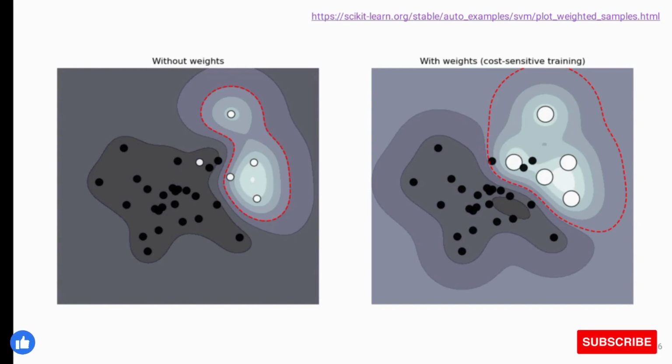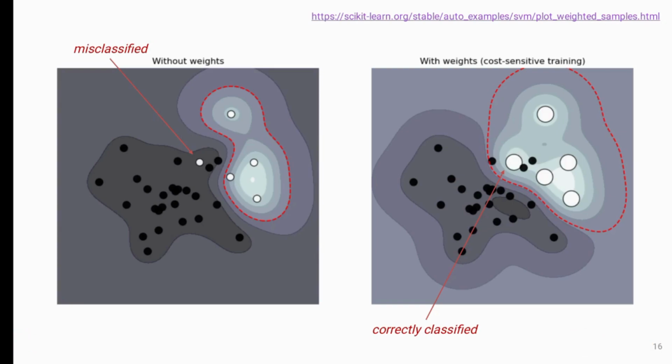And do you remember what happens with SVM? It's a largest margin algorithm to split the points. But when I make the points bigger, they take up more of that space, don't they? So the margin is going to be smaller. So it's going to find a different border where there is more space. And that alters the classification region.